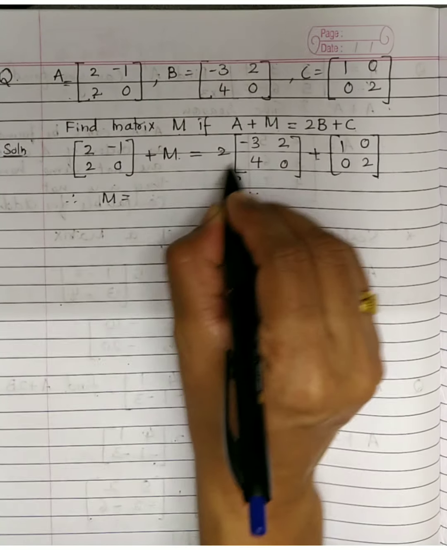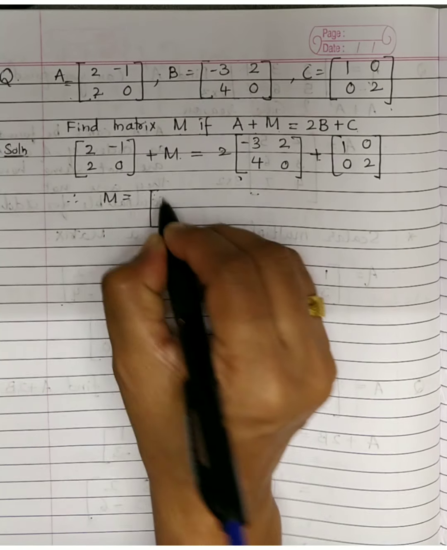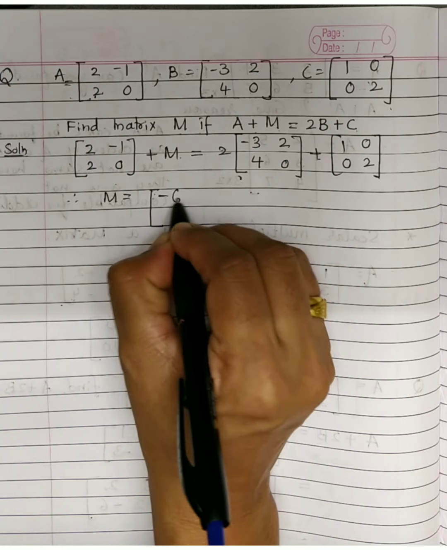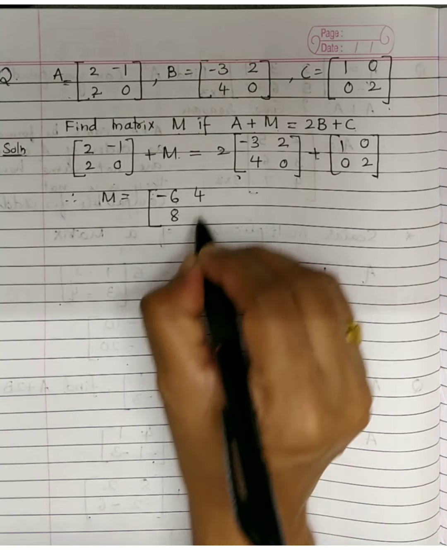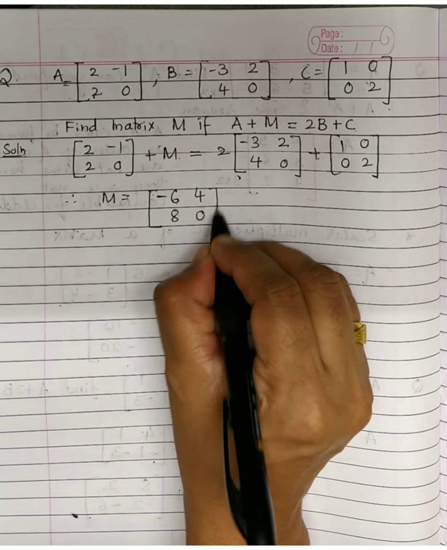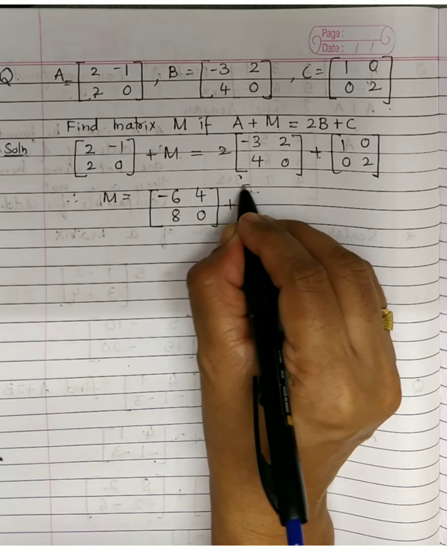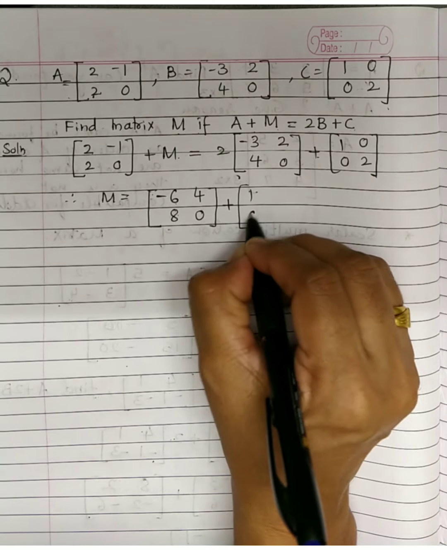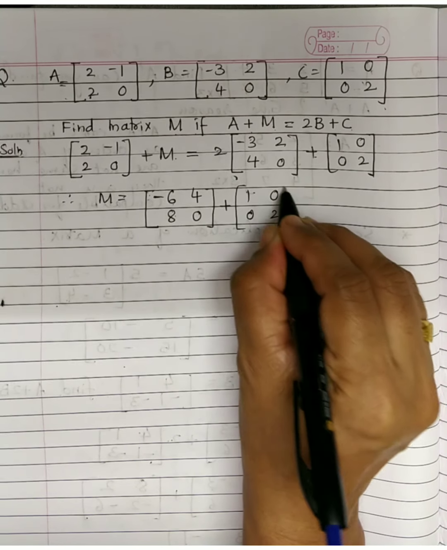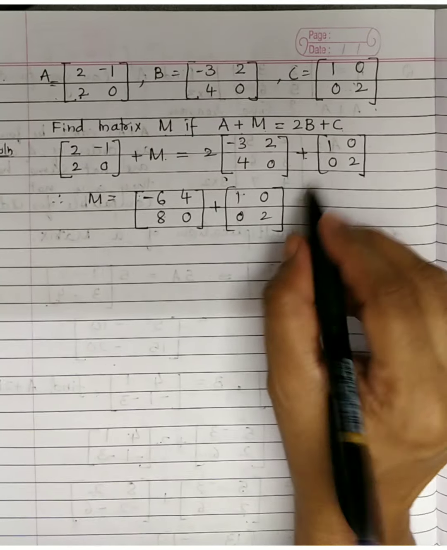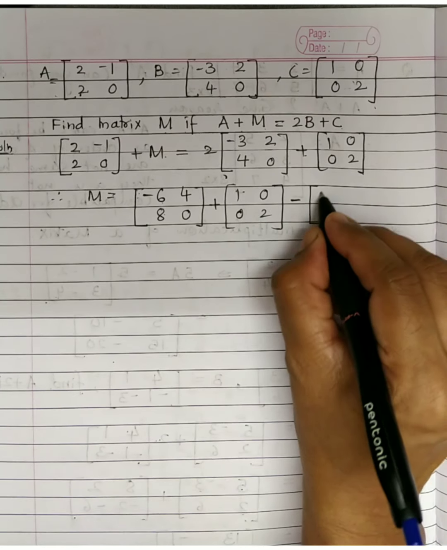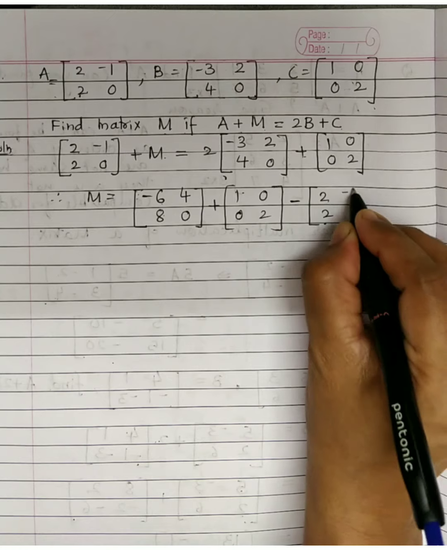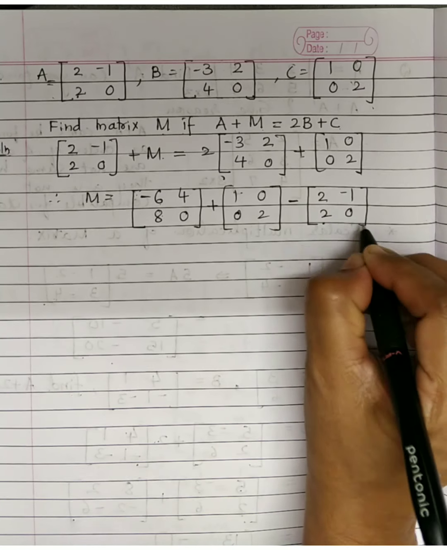So this will be 2 into minus 3 minus 6, 4 2s are 8, 2 2s are 4, and 2 into 0 0, plus 1 0 0 2, and this matrix transposed to the right hand side, so what it will become? Minus 2 2 minus 1 0.